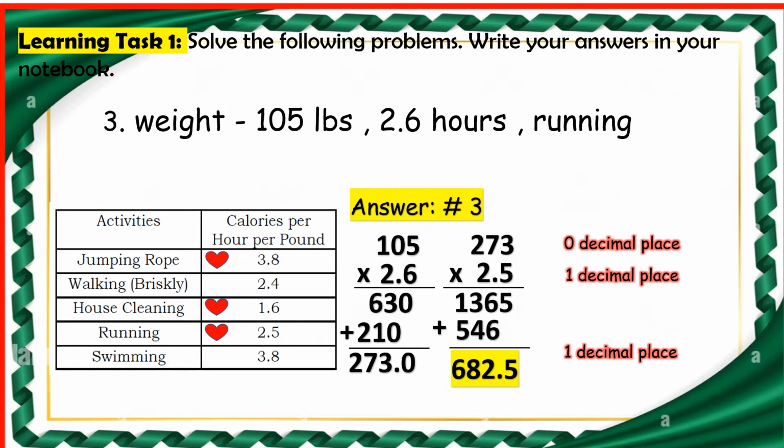So we put 1 decimal place because we have only 1 decimal place in our factors. So the calories being burned for running is 682.5 calories.